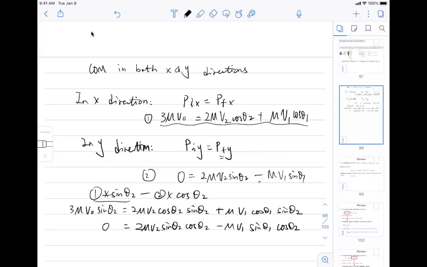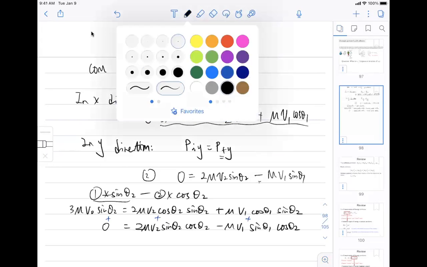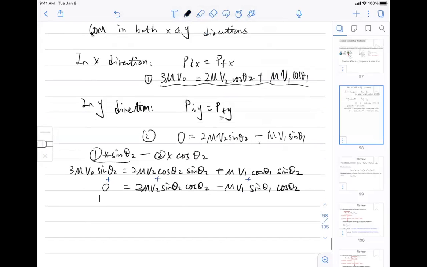So 1 and 2 combined, you get 3m v naught sine theta 2. The neat thing of doing this is you're going to be able to cancel out this term, right? Oh, I'm sorry. Maybe I mixed up one of these.